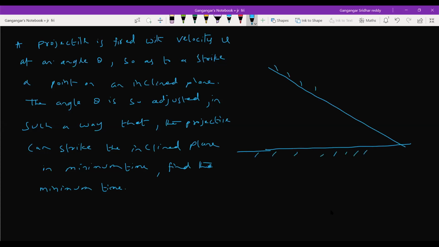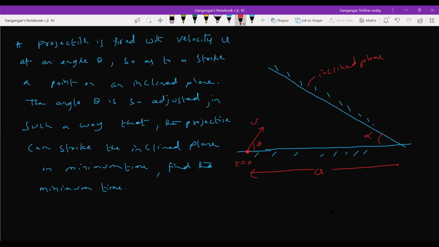This is the inclined plane. This is given. This is the angle of inclination. It has to strike some point on the inclined plane. At t equals 0, I'll project.